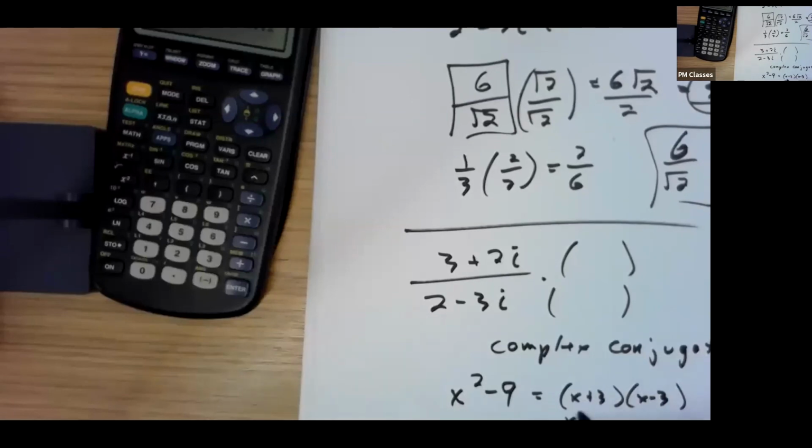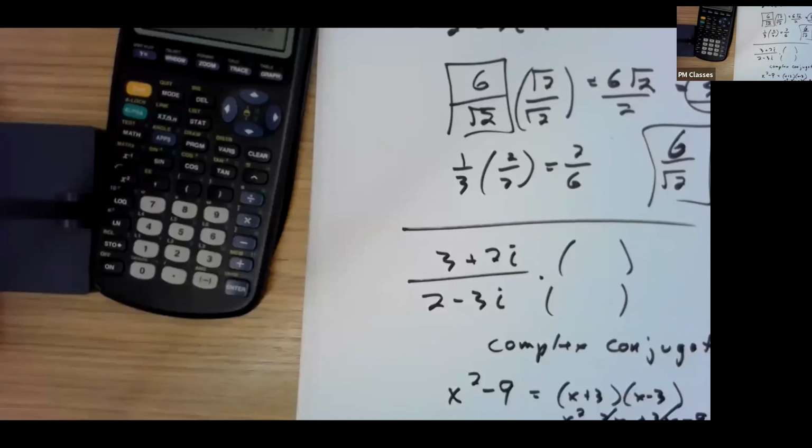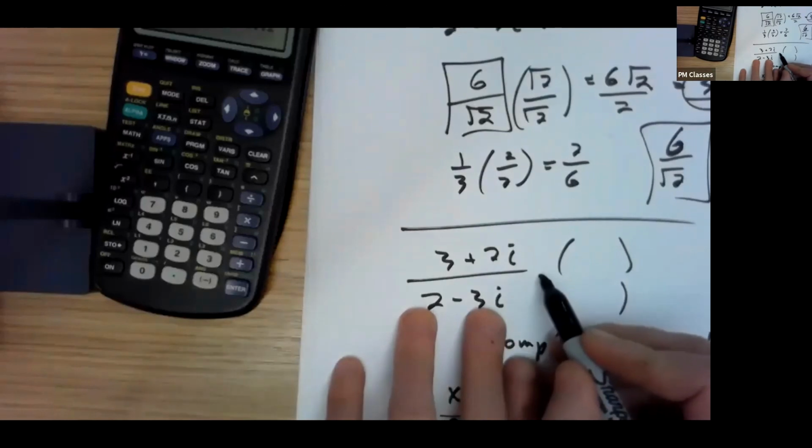And we do that because of first, outer, inner, last, and those middle terms cancel themselves out, so you just get x squared minus 9. It's called the difference of two squares. x squared, 3 squared, then the difference, I subtract them. So this minus that. So we're going to use the same principle here to rationalize this.